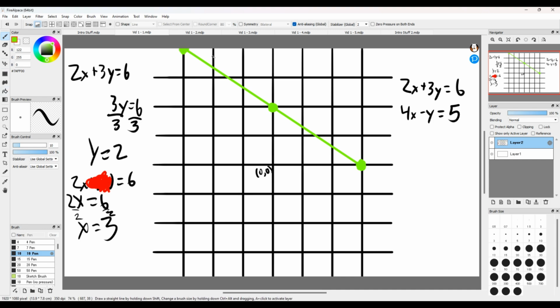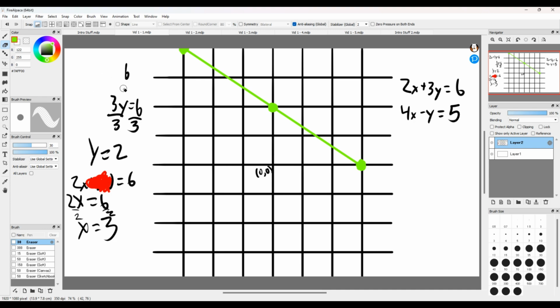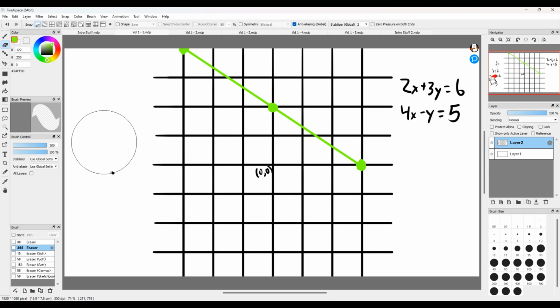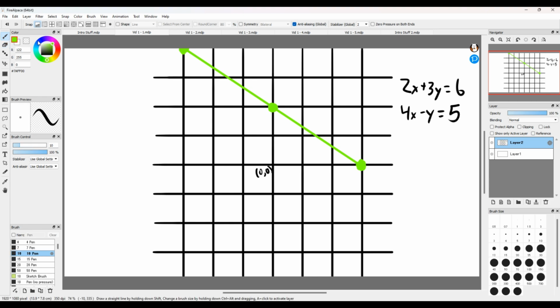So they both get you the same answer. It just matters how you want to roll the dice, which method you want to do. Of course, if on a test, say, you were asked to use a certain method by plotting it by the intercepts, then use the method you were told to use. Okay? Don't pick and choose if you are told to use a specific method. I feel like that'd be obvious.